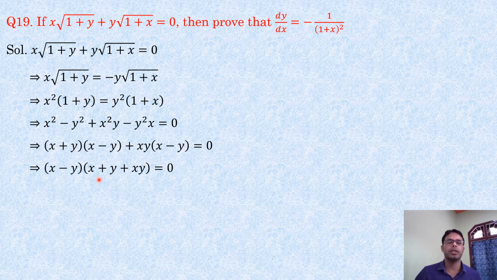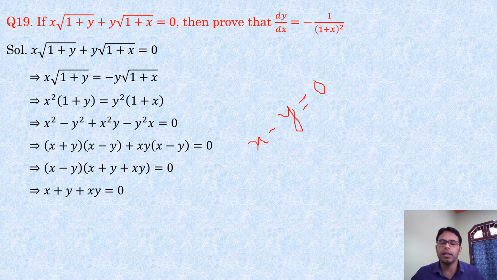From here, which factor is not 0 and which factor may be equal to 0? You just think here. You see, this x minus y factor is not 0, because if you take x minus y equal to 0, then you will get x equal to y.